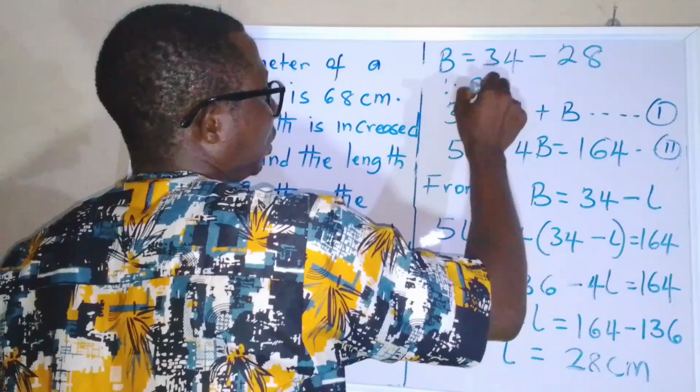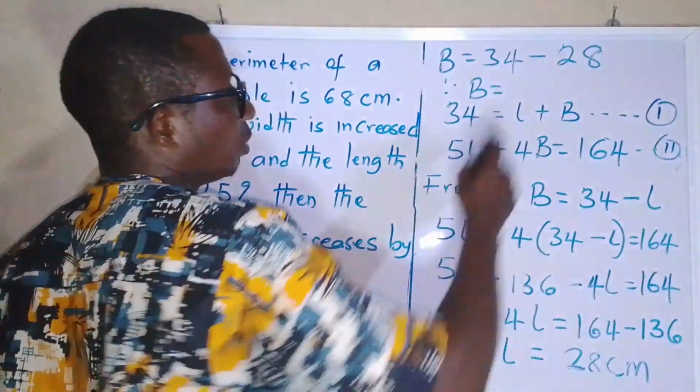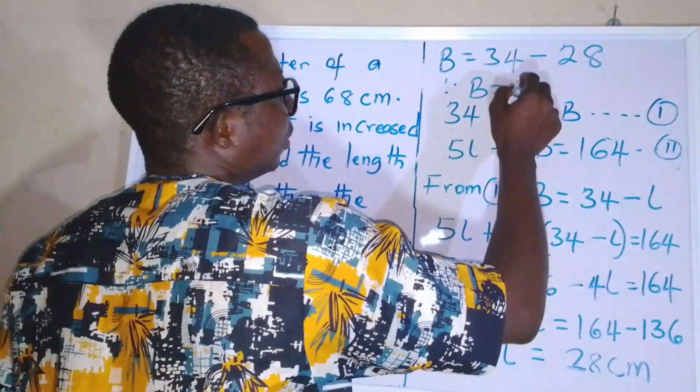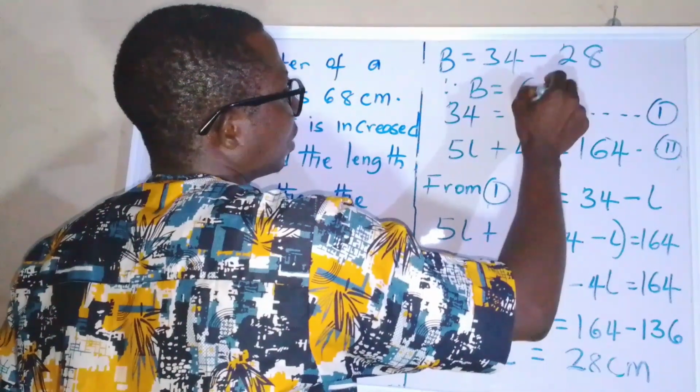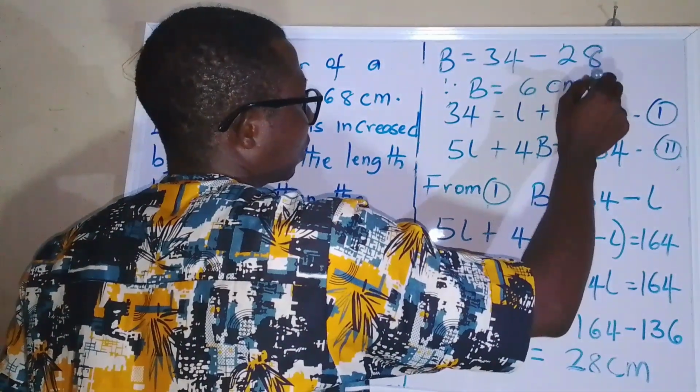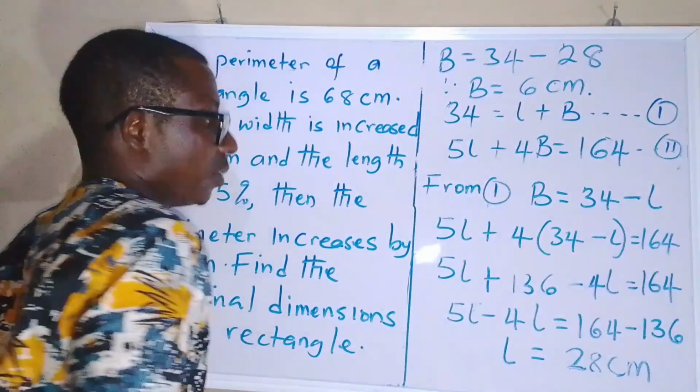Therefore B equals, when you subtract this from this, you have 6 centimeters.